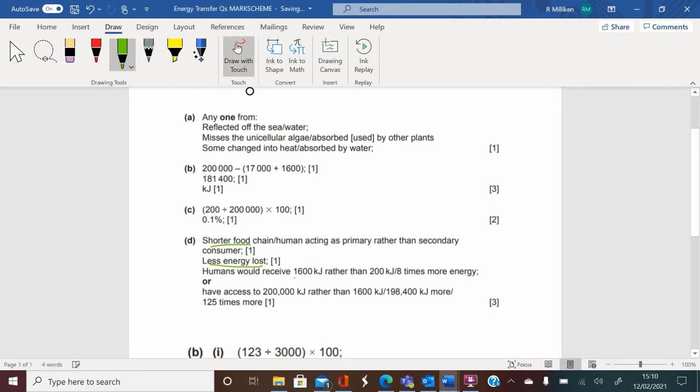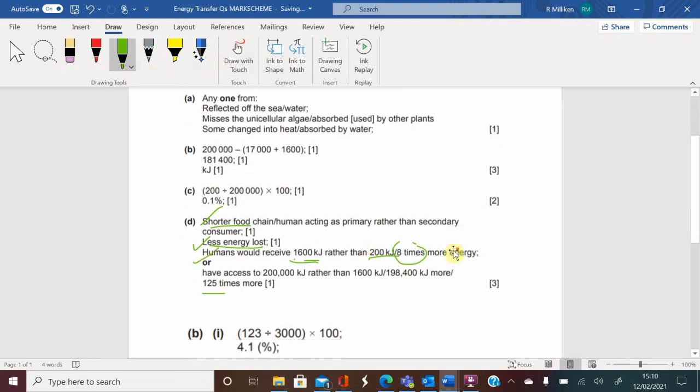Then when it said use the data, you need to quote some. You could even have gone on to work out what proportion: 8 times more, 8 200s make 1,600. Then you could have said 125 times more, if you'd compared 1,600 with 200,000. But certainly that point, and some reference to it, is what you could have come up with.